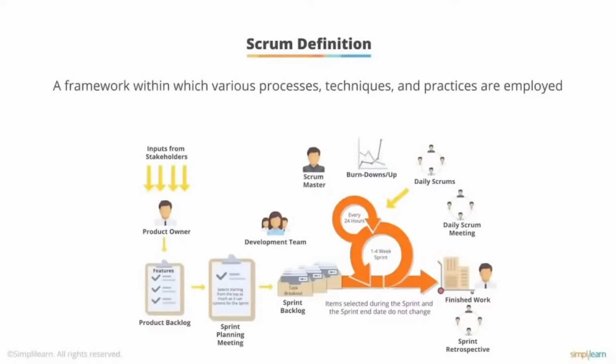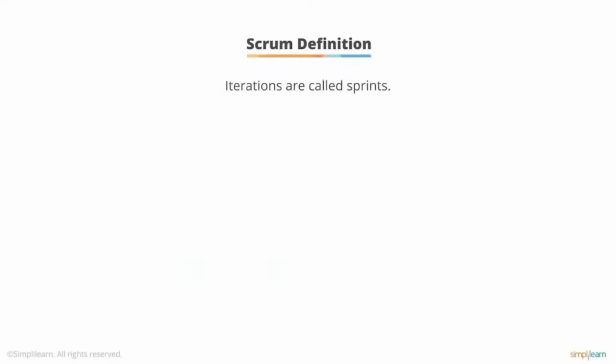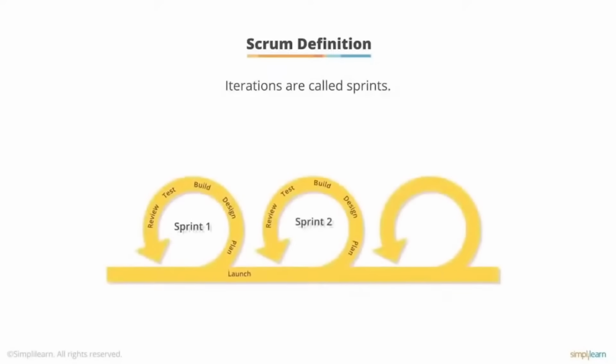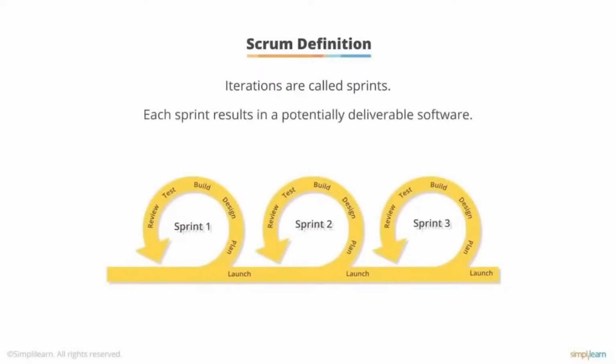It is not a process or technique for developing software. Rather, it is a framework within which various processes, techniques, and practices are employed. In Scrum, the iterations that deliver working software to the customer are called sprints. Each iteration, or sprint, results in potentially shippable software.